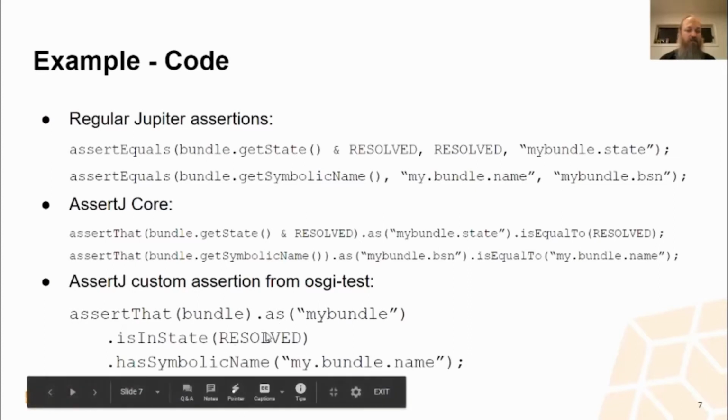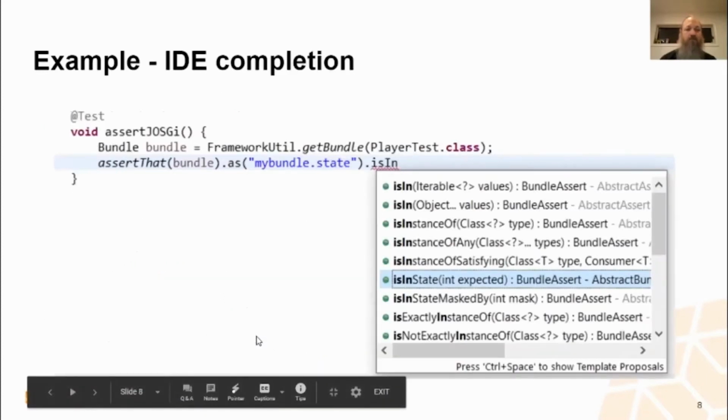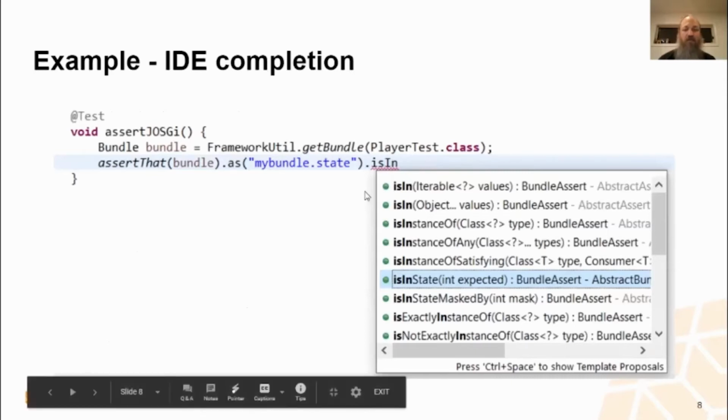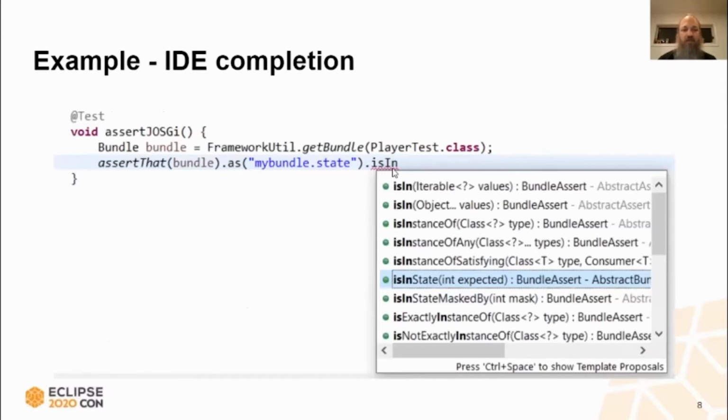You just provide it with that one state and it will test that state for you. Now, this is an example of how the IDE completion works. As you start typing the first few letters of the assertion that you want, on the object that you want to assert on, it'll tell you what methods are available to assert on for that object, which is very useful if there are lots of different ones and you don't have to remember them all.